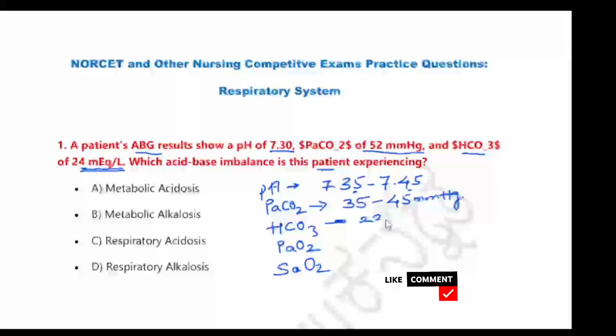See, in given MCQ, pH is 7.30, PaCO2 is 52 mm of Hg, and bicarbonate is 24 milliequivalent per liter. If pH is more than 7.45, then that condition is called alkalosis.